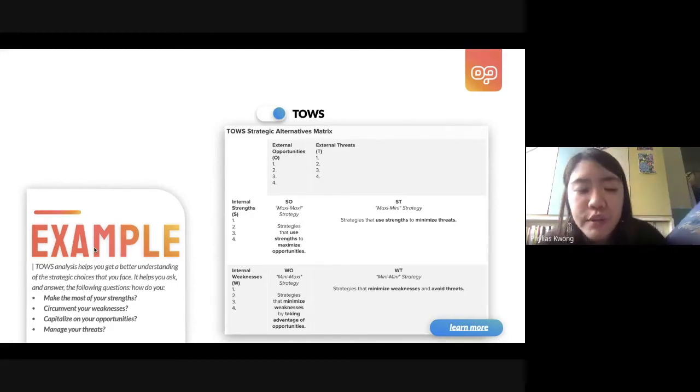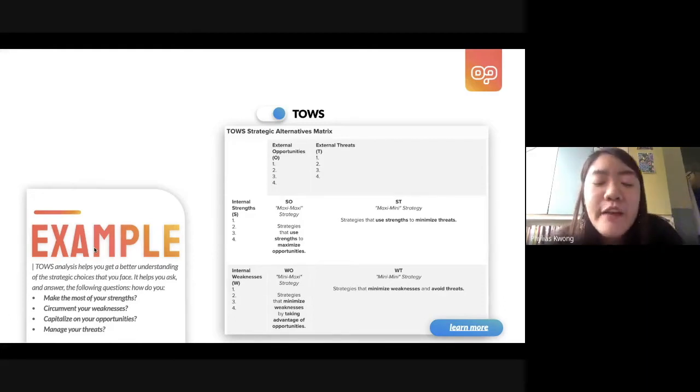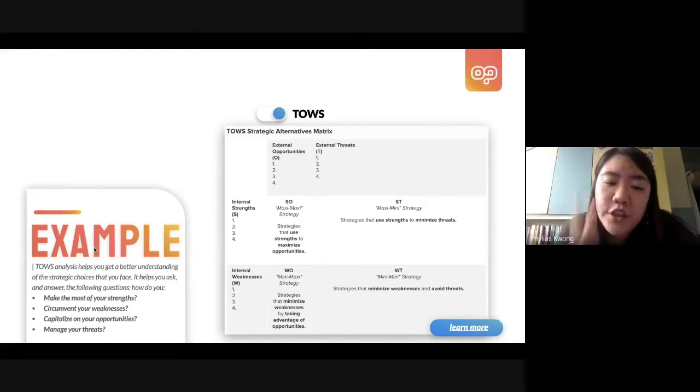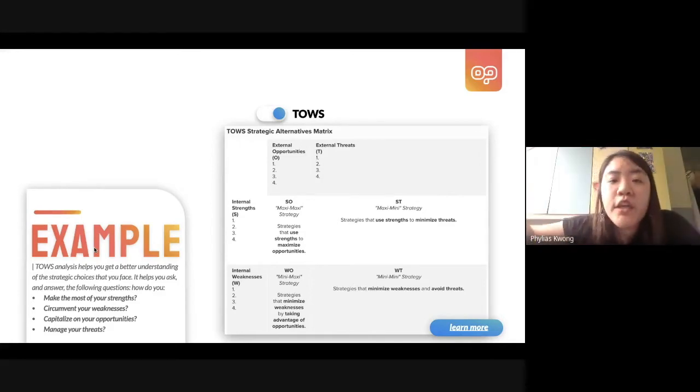So for TOWS, just now we were talking about SWOT, but TOWS is a level up of SWOT. After you identify all of the internal strengths and weaknesses, and external opportunities and threats, these are the resources of you inside of the organization.